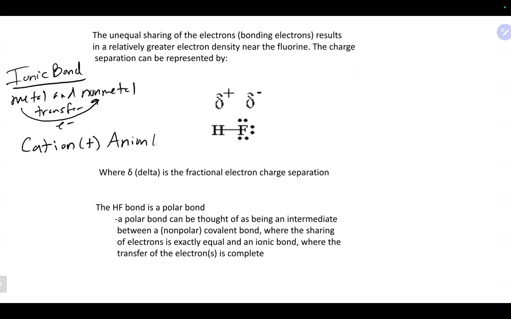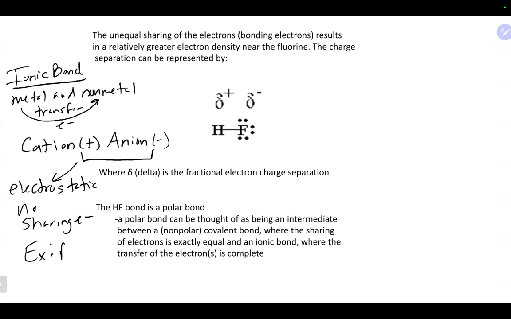And once again, as we talked about, it is that electrostatic attraction that holds that together. No sharing of electrons here. An example would be like sodium chloride. So again, as soon as you see metal, non-metal, it's going to be this situation. We get full charges occurring here because electrons are fully transferring from one to the other, like the original structures we were drawing at the beginning here today.